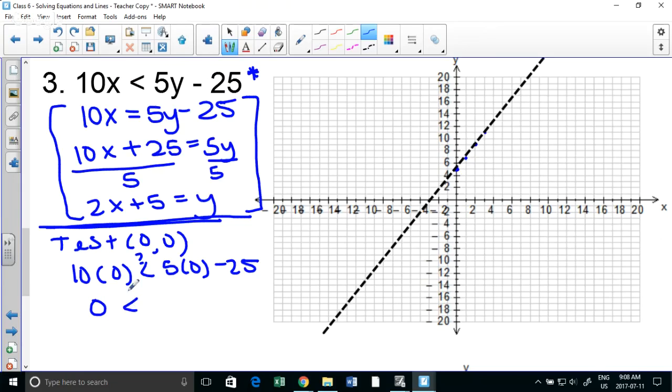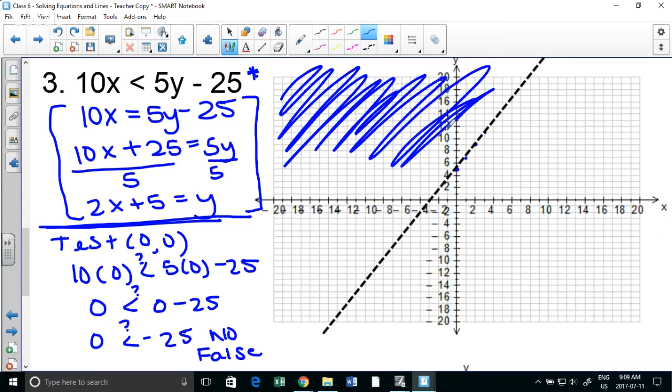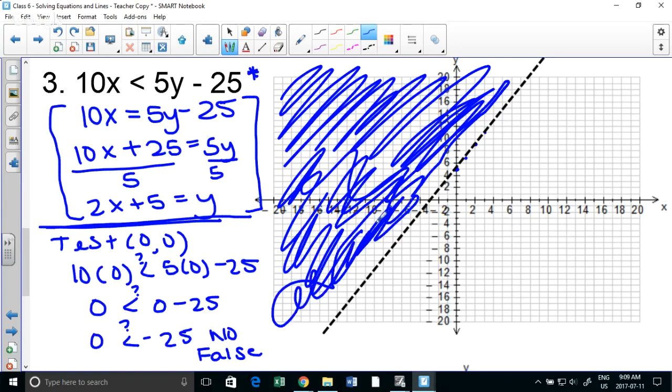Is 0 less than 0 minus 25? Is 0 less than negative 25? No, this is false. So 0, 0 is not part of my solution. So I shade the other side. And we're done.